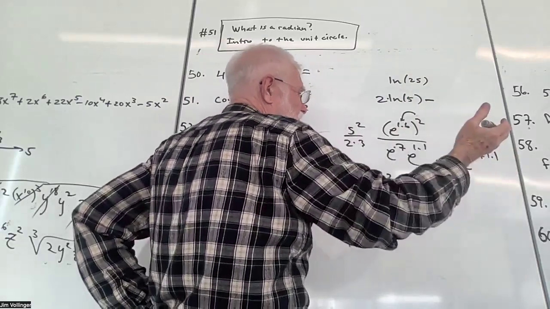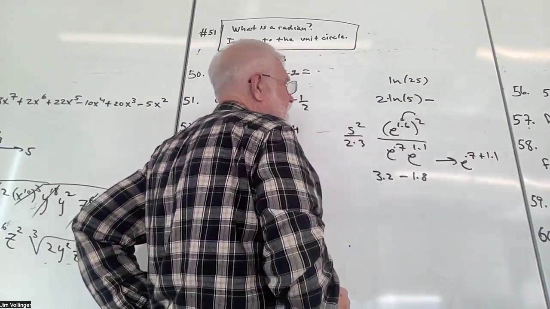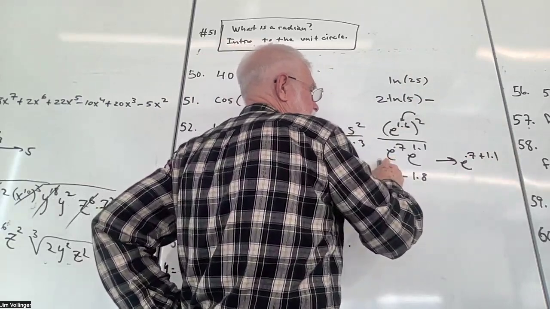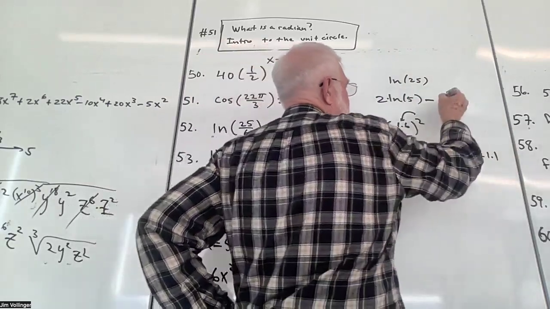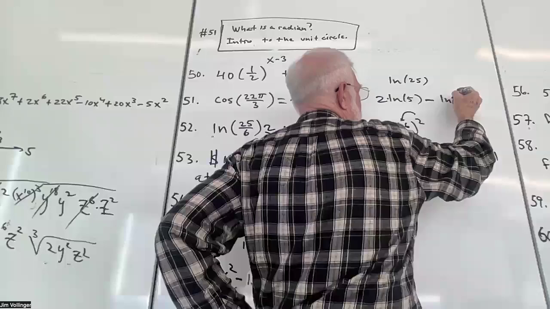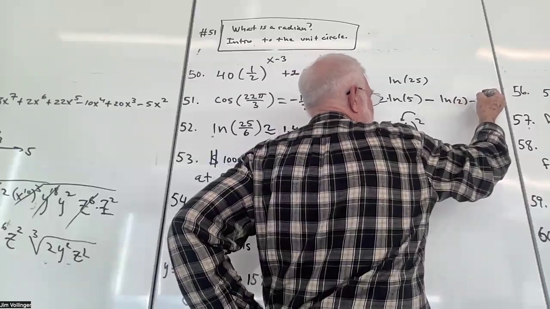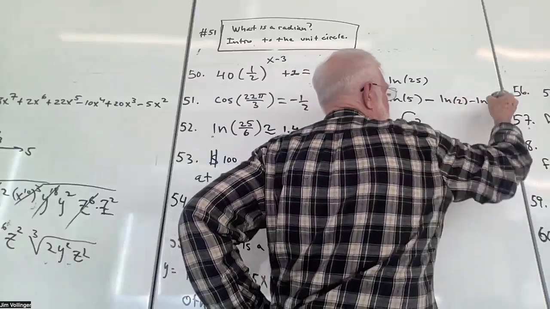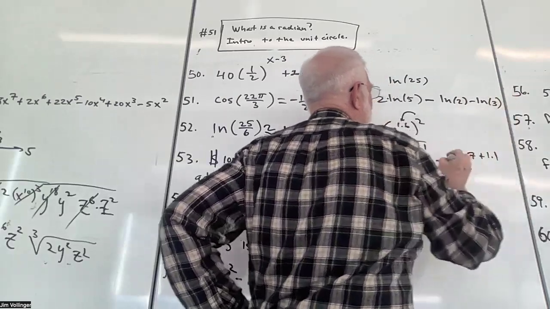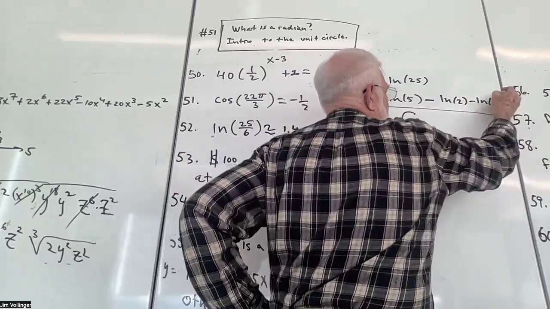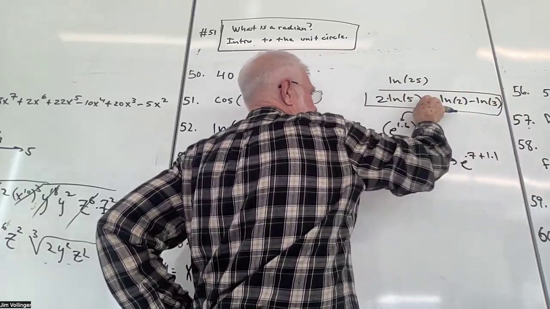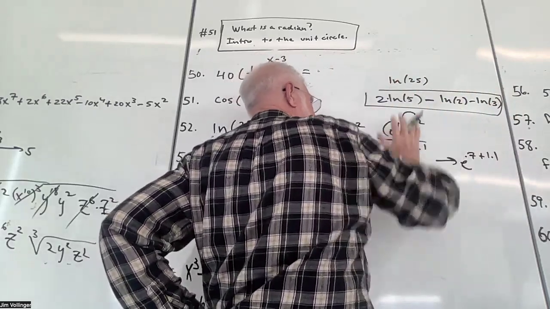Okay, so how do I want to write that? Minus e to the 0.7, which is the ln of 2 minus the ln of 3. That's where we're headed to be able to change that to this and vice versa.